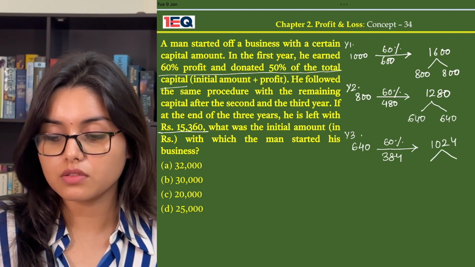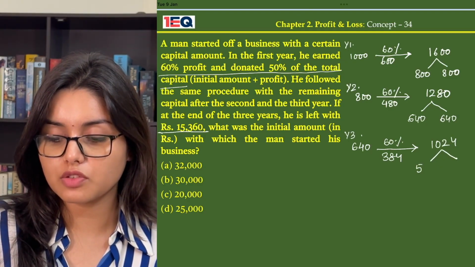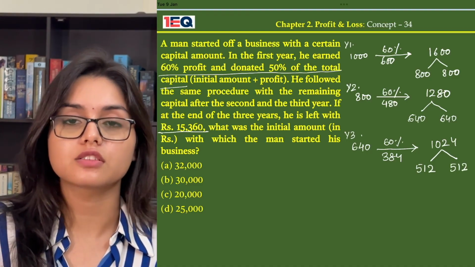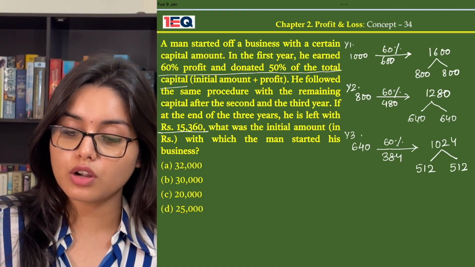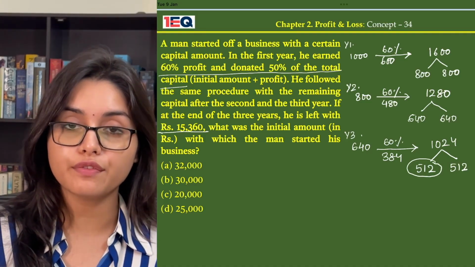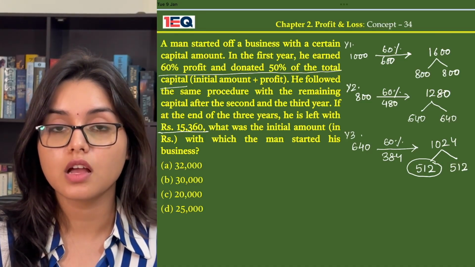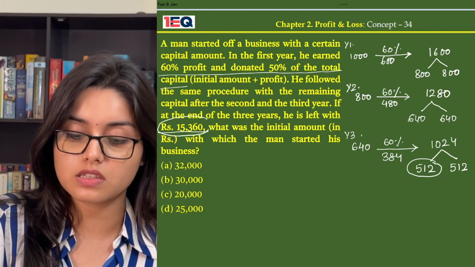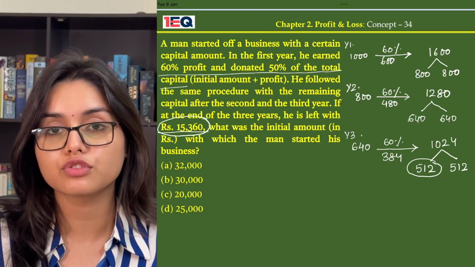He again donates 50% of it, that is 512, and is left with the other 50%, that is 512. So according to our assumption, he has rupees 512 left with him at the end of 3 years. But according to the question, he has rupees 15,360 with him at the end of those 3 years.